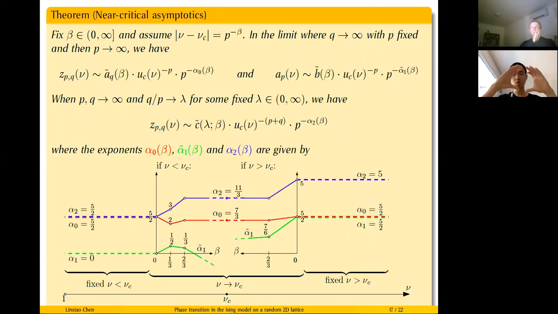In this second limit, it makes more sense to rescale the system down by the parameter p and look at some kind of scaling limit of the system.